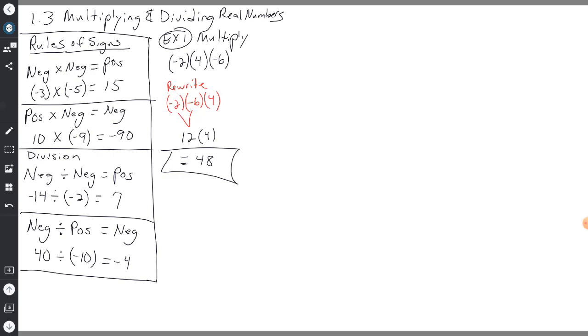So when you have more than two terms that you're multiplying, you can put the negatives together like that, the negatives and the positives.